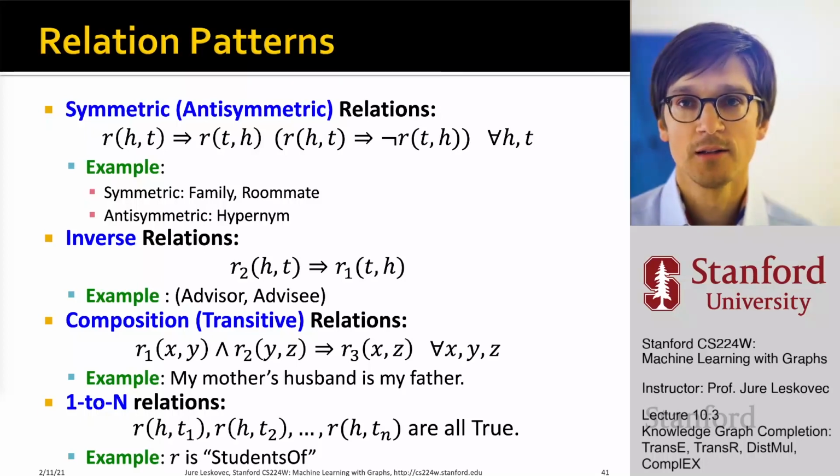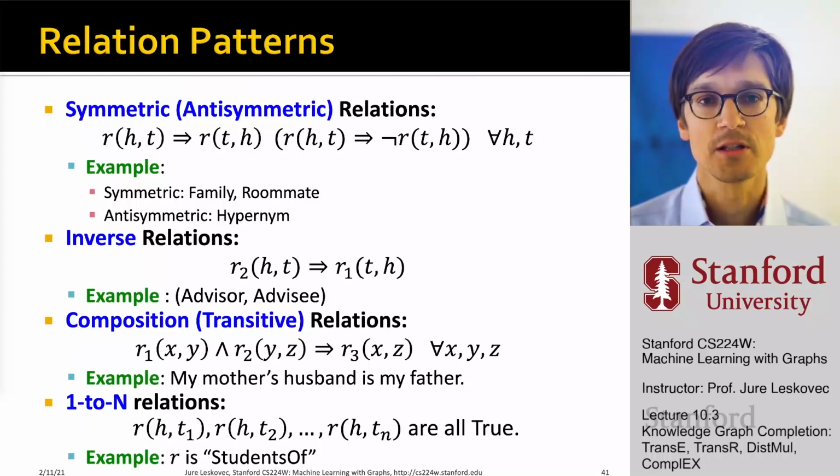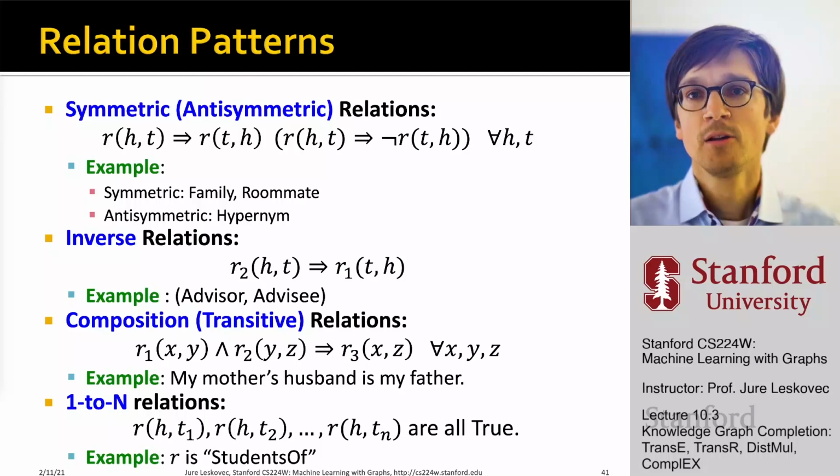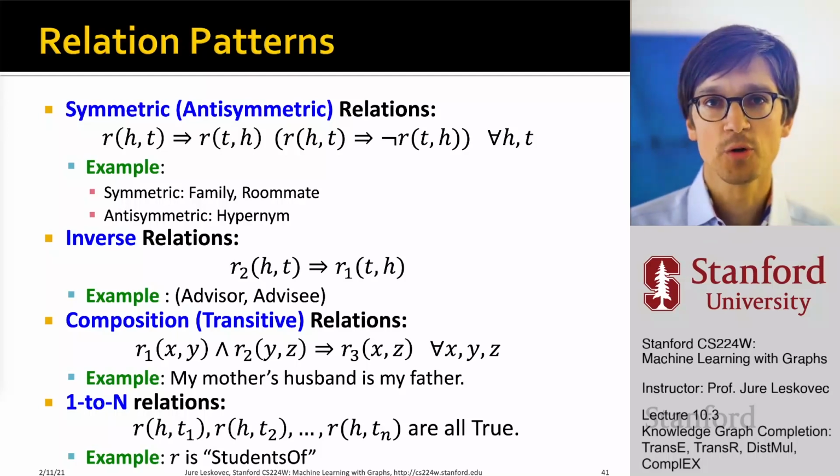The two embeddings should meet. And then another important thing is that there are one-to-n relations. For example, student of, right? I can have multiple students, or I can have multiple advisees, so I can have one-to-n relations. So these are different relation patterns we are going to consider.